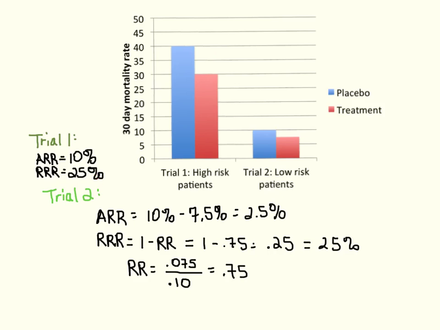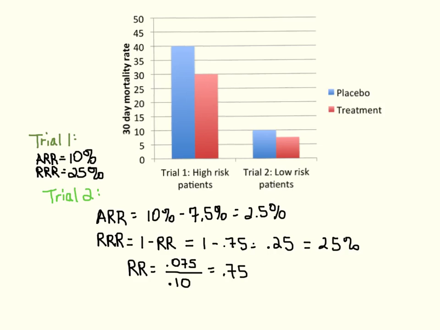But then in practice, the drug is used with lower risk patients, so the overall effect is a lot smaller in the low risk patients, even though the relative risk reduction is the same. So it's important to understand the implications of using each of these different measures of risk reduction.